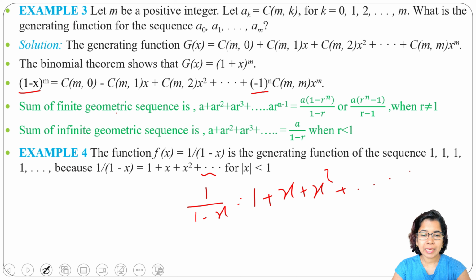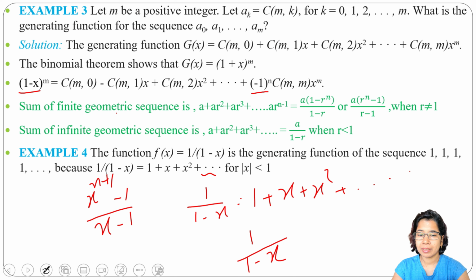So here what is a? a is 1. What is r? r is x. So this result is 1 divided by (1 - r). If it is finite, then it will be (x^(n+1) - 1) divided by (x - 1), with n terms. If it is infinite, then 1 divided by (1 - x).